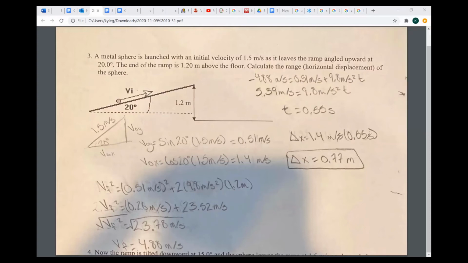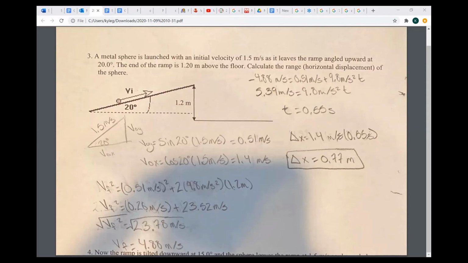So for number 3, we first found both the initial velocity for y and x, and from there we wanted to find the time, but first we needed to find the final velocity of y. We used the third kinematics equation, which we got as 4.88 meters per second.